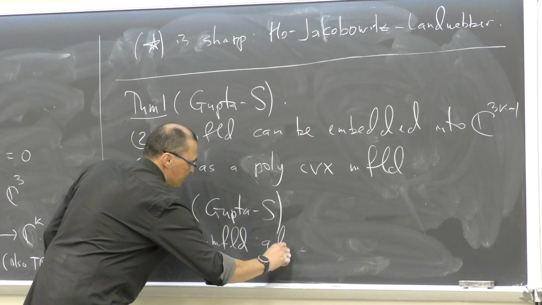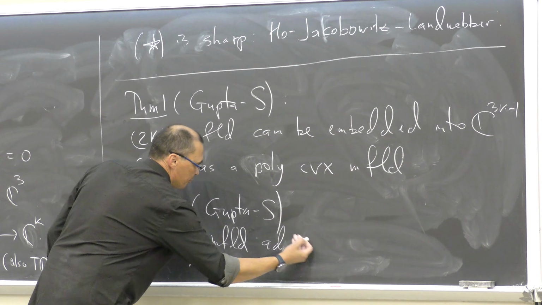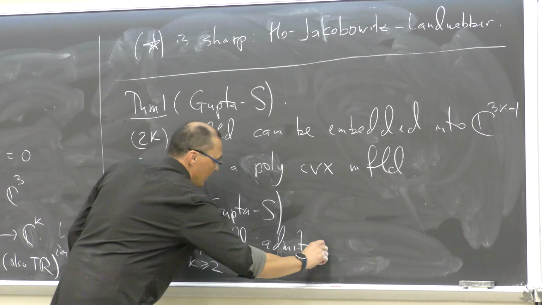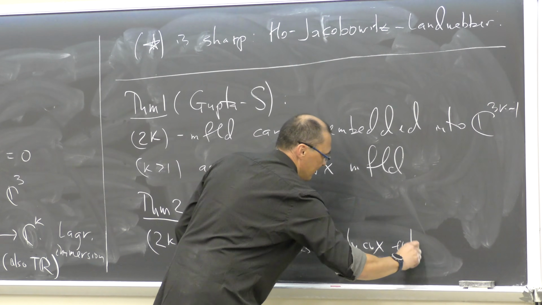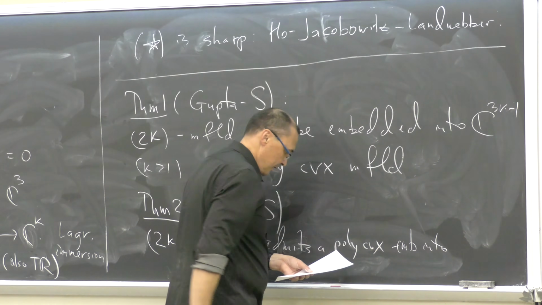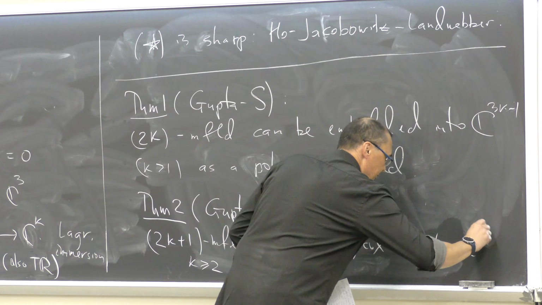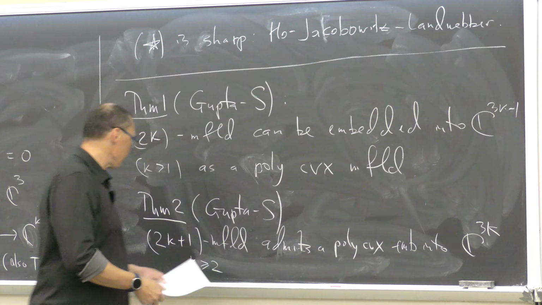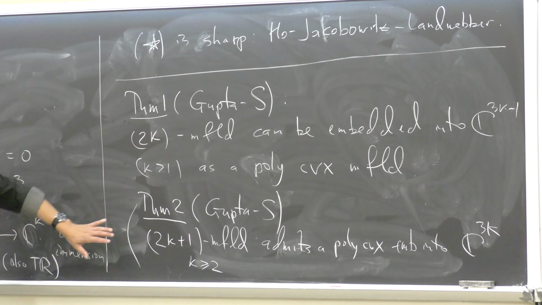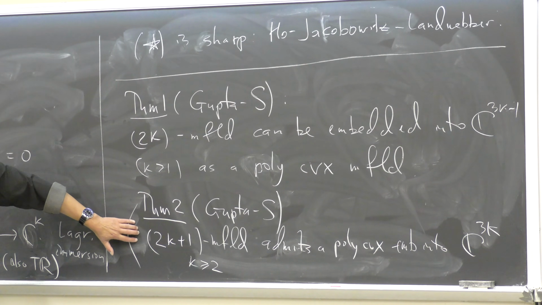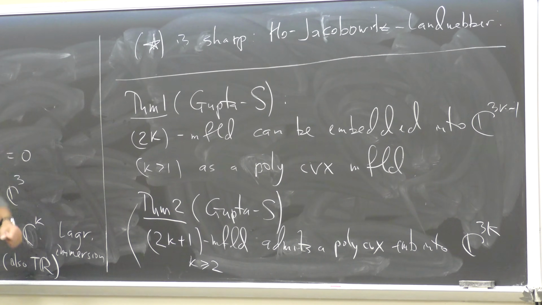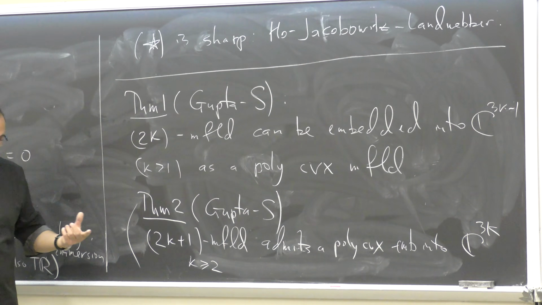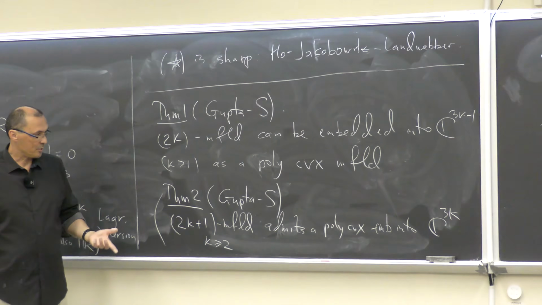So this also admits a polynomially convex embedding into C^(3k). In this case, the set of CR singularities are closed curves. From the transversality theorem, what we get is that CR singular sets are closed manifolds.